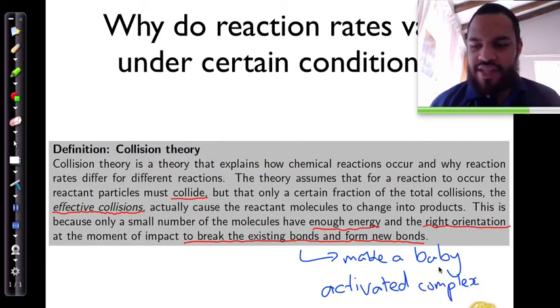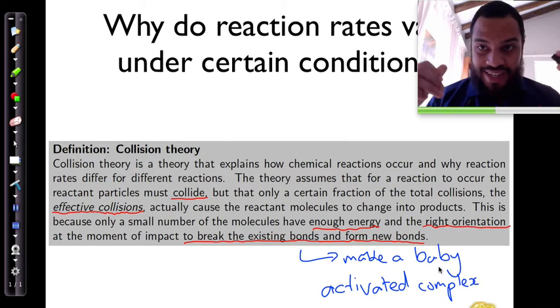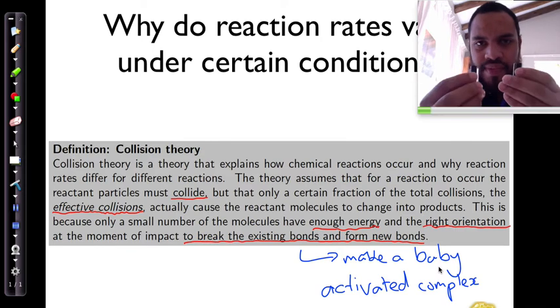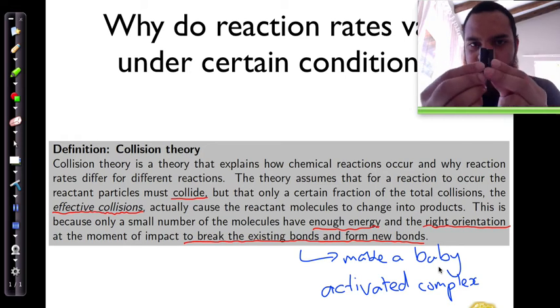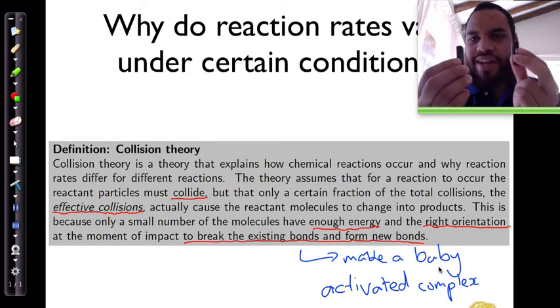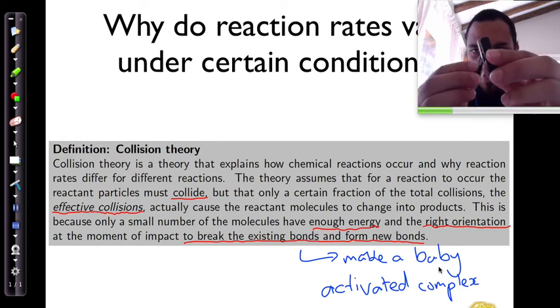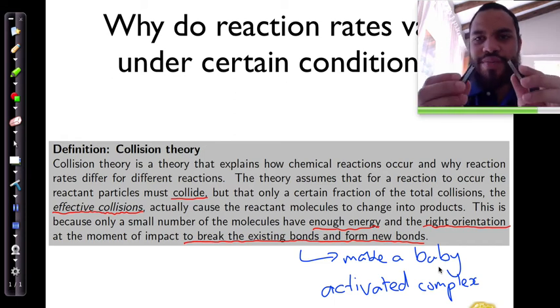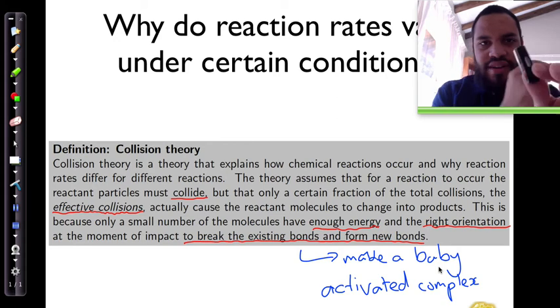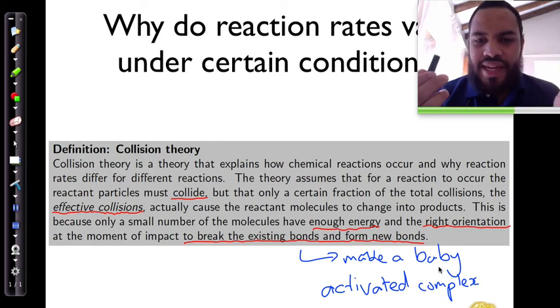Some collisions are going to be more successful, more effective, the more severe they are if it was an accident. In this case, it's going to be effective if they knock head on, with the correct orientation and enough energy. Now in the vessel, as you can see, they knock. Not all of these collisions are going to be effective, because if you just touch and you move on, they don't get together to really make a baby or start the activated complex.